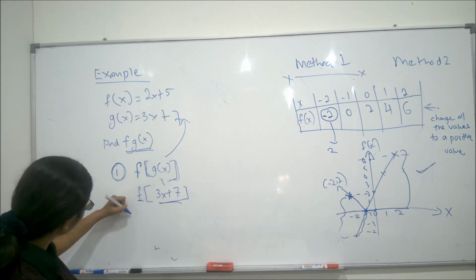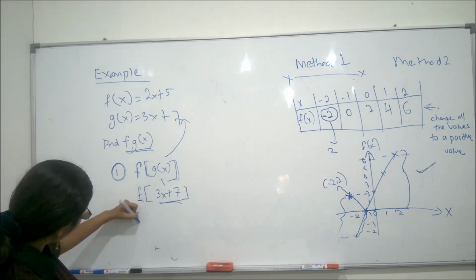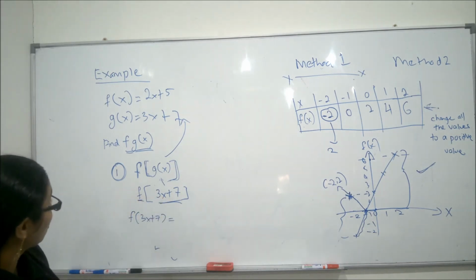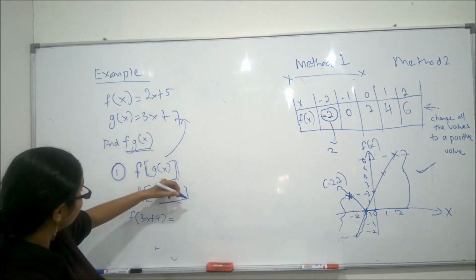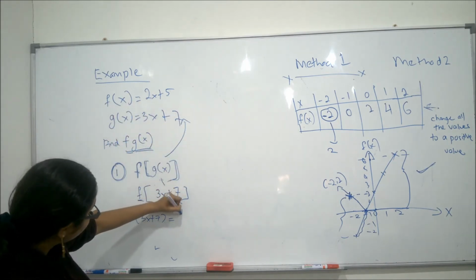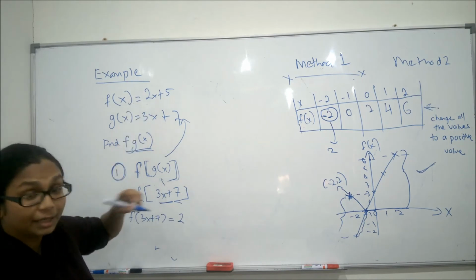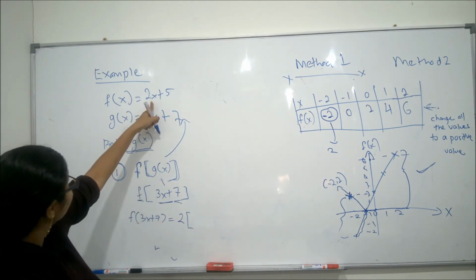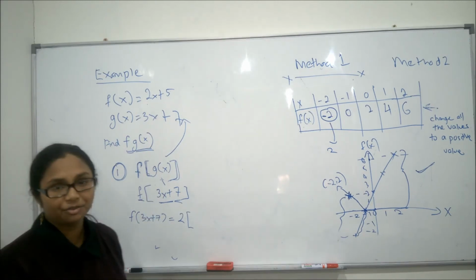Okay, so if we want to rewrite this notation, fx or f(3x plus 7) is equivalent to, take a look here. This is function f, 2x plus 5. I'm rewriting it back again. My x value is 3x plus 7.